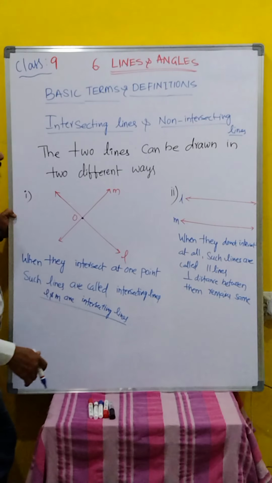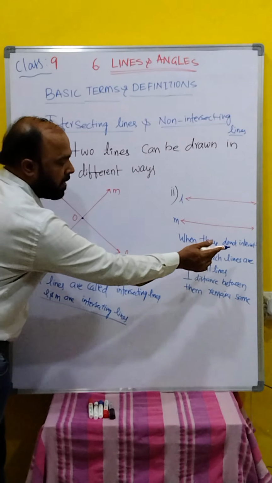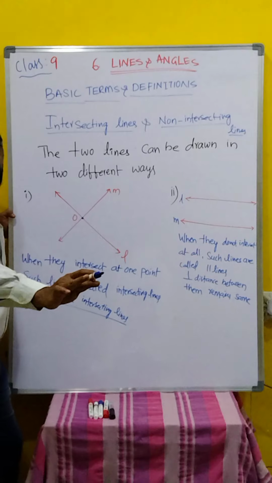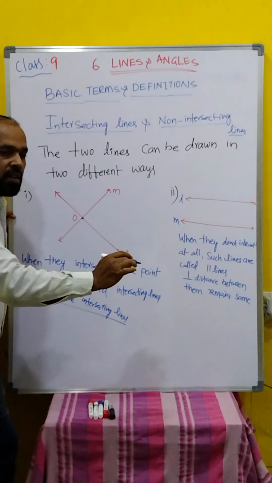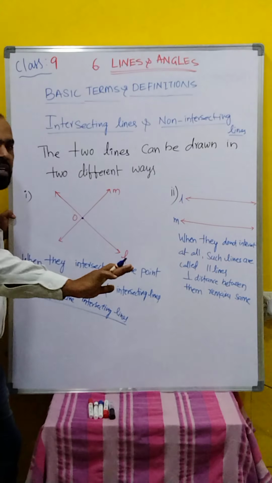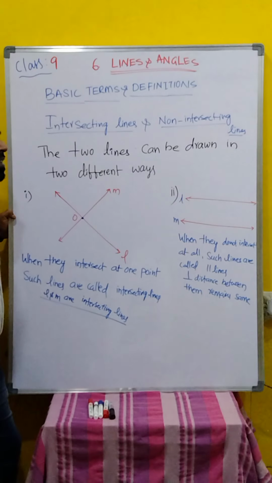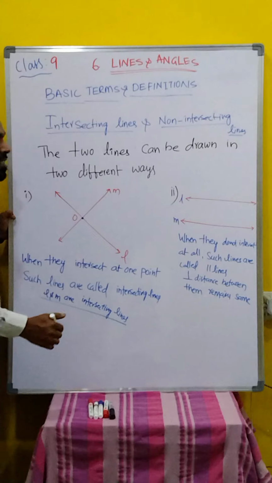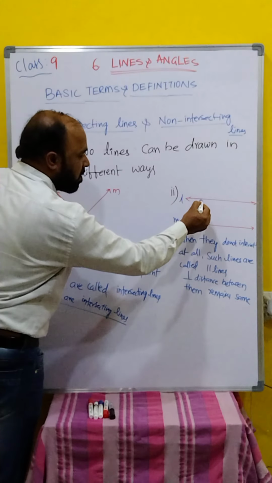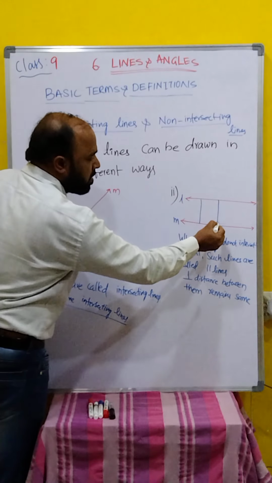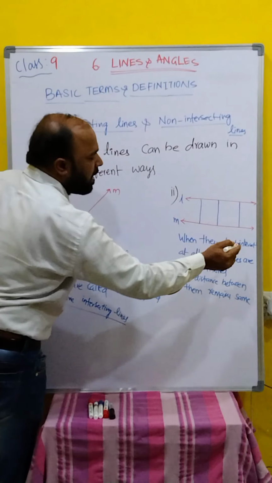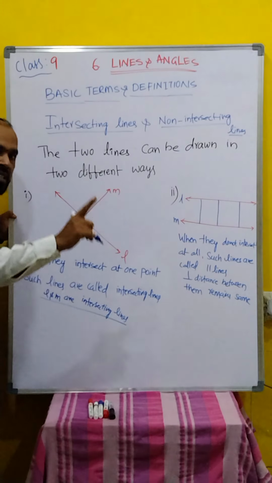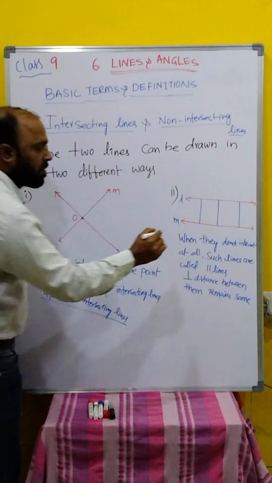Then what is the next one? When they do not intersect at all, meaning they never intersect, such lines are called parallel lines. But the condition is that the perpendicular distance from here to here, here to here, always remains the same.